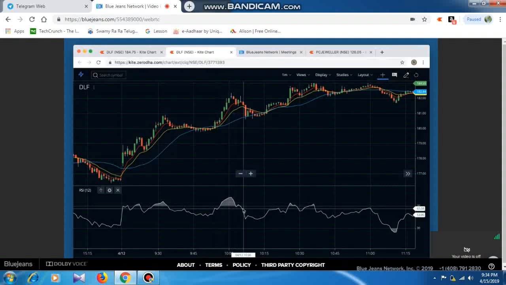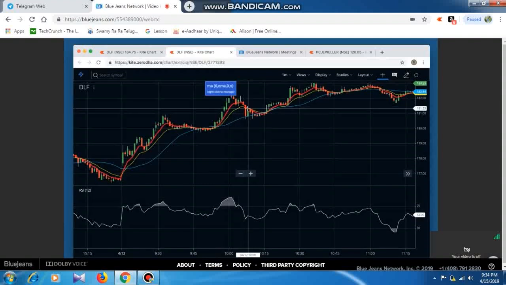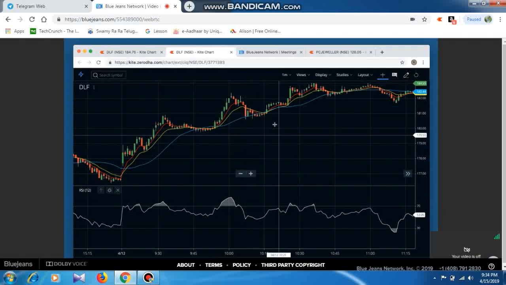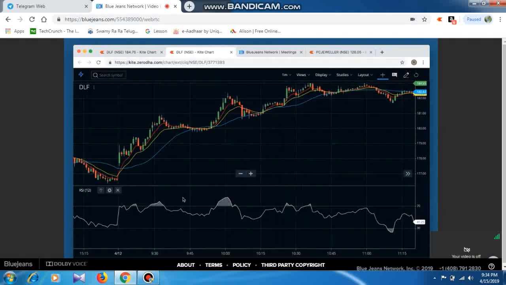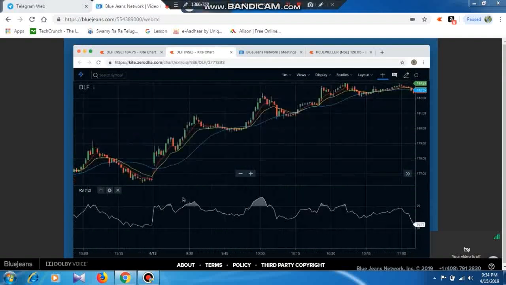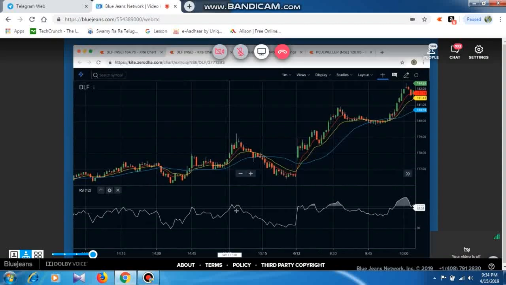Then the chances are high that the stock will keep on appreciating more. Even though you will get 0.2% profit, you should be cautious. If it is in the gray portion, do not short sell it. Okay, see, after a while you can see the stock price again went up, isn't it? So that's why I'm telling you not to do that. Do not short sell if the stock was above 70 or if you see a gray portion.